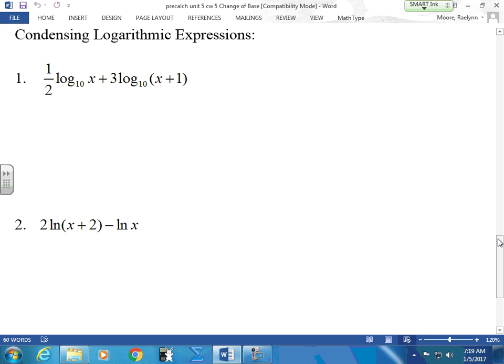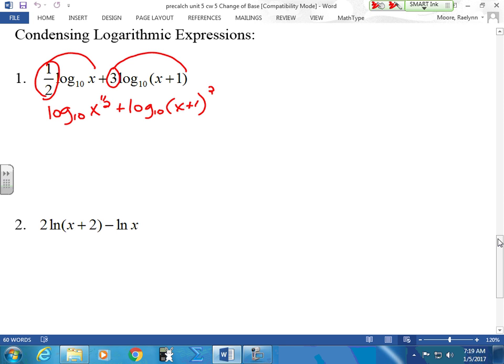Okay, so now the first thing you want to do is get rid of these things in front. Bring these up first. If you want, put this back to a radical. In the end, I need the radicals, not the fractional exponents. So this was the square root of x.